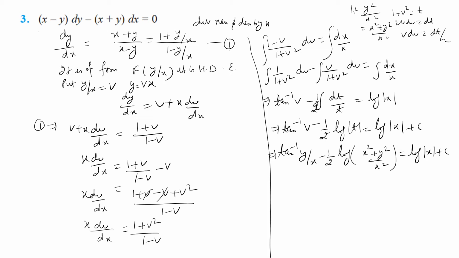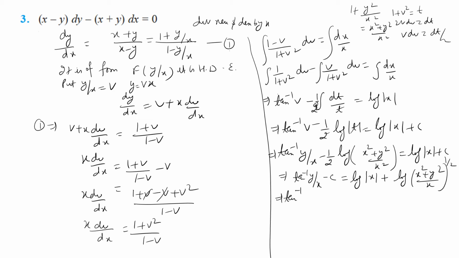Now for simplification purpose, what we can do is we can take this half to the other side, or minus c we can bring to this side: log of mod x plus log of ((x square plus y square) upon x square) raised to power 1 by 2. I just used n log m is log m raised to power n.